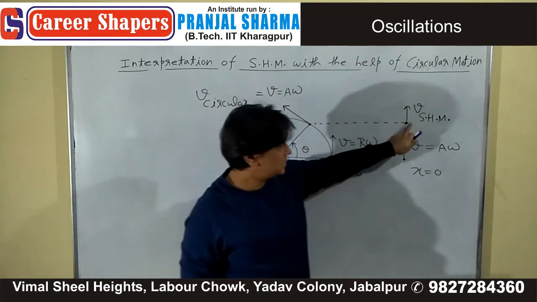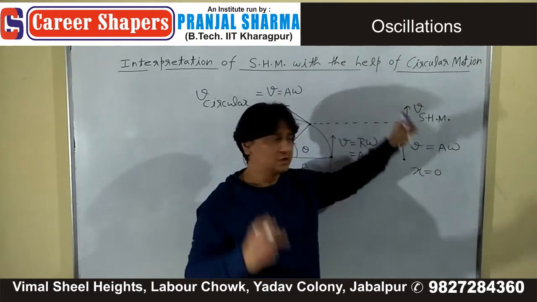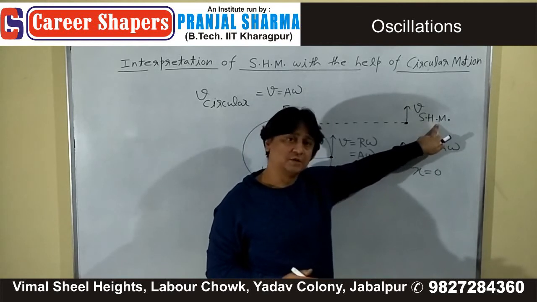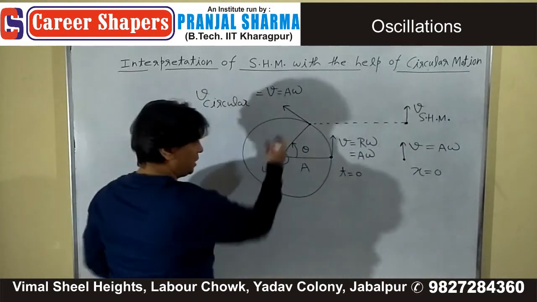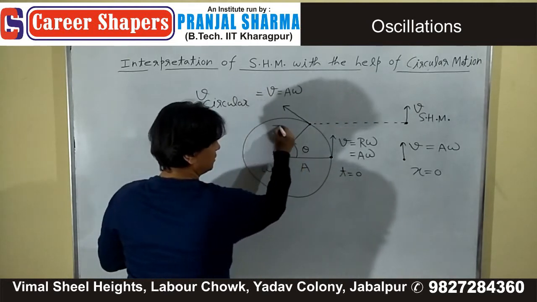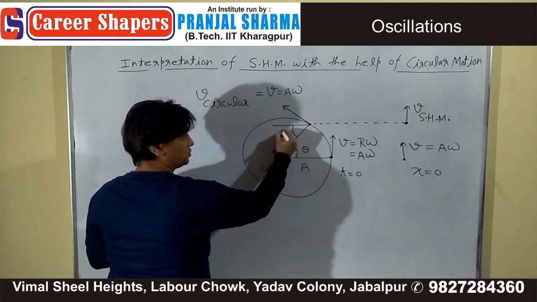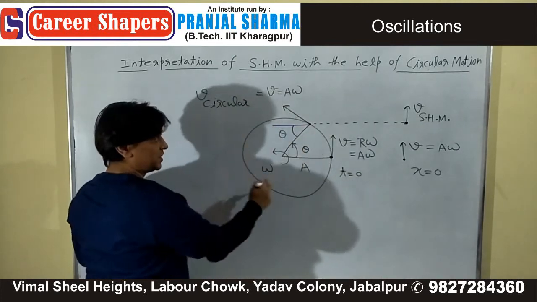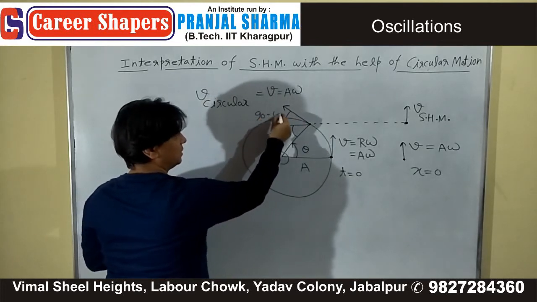But tip of the shadow is going up and its velocity is velocity during simple harmonic motion. Now, how do you find this thing? Look over here. If this angle is theta, you know that this angle is also theta. If this is theta, then this angle is 90 minus theta.